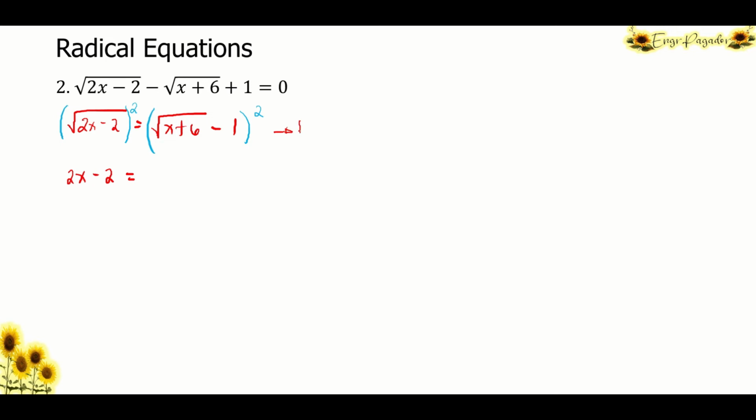Okay, so apply natin dito si FOIL method. So, if we recall, yung ating special product na if we have a binomial that is squared, so that is x minus y, since minus yan. So, x minus y quantity squared, this is equal to x squared minus 2xy plus y squared. So, yung x natin dito is si x plus 6. So, yung format na gagayahin natin is this one.